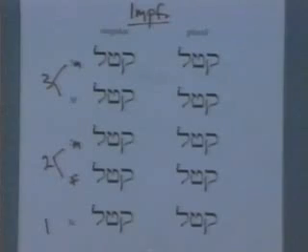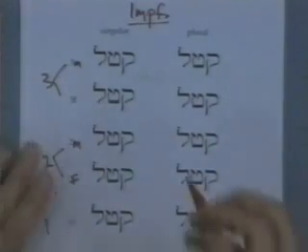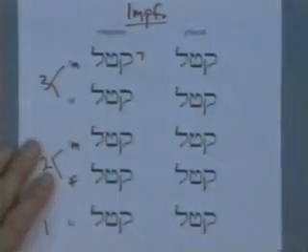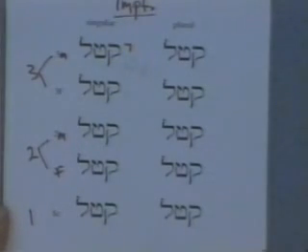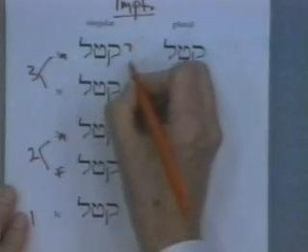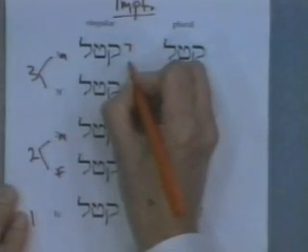Now, to make all of these imperfect, we are going to add prefixes. And here they are. The most common one you're going to see is the third singular masculine, and it's formed with a prefix yod. Now, the vowels that go with it, I'm just going to show you the first two vowels.